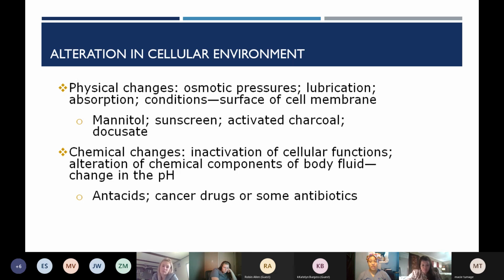You're getting rid of the acid, so we're making it more alkaline, right? Yeah. So if we're making it more alkaline, or more basic, then that chemical change occurred, and that's how that drug works. So that is its mechanism of action. That's its how, right? Y'all still with me?